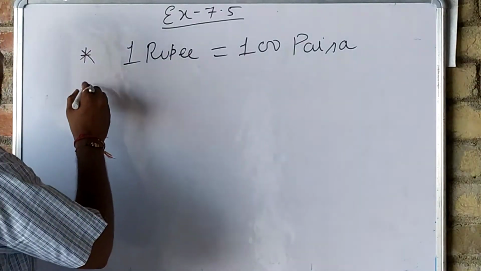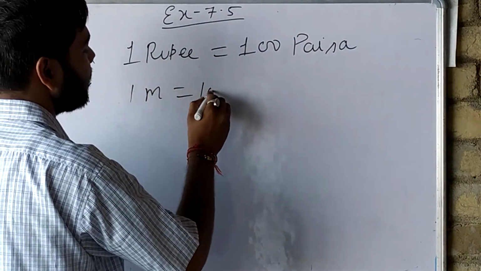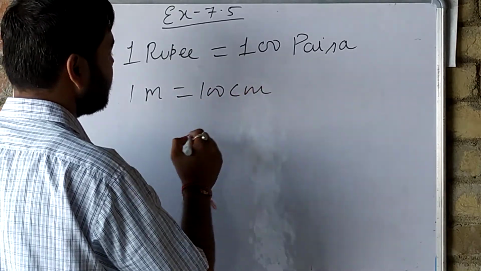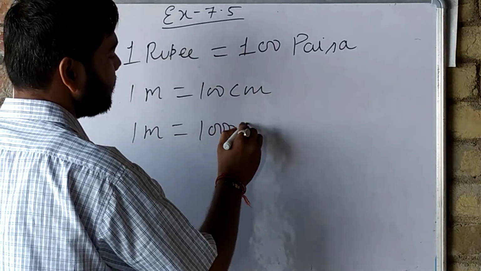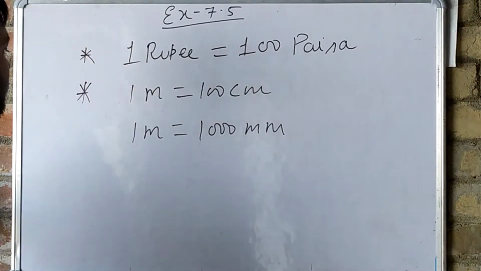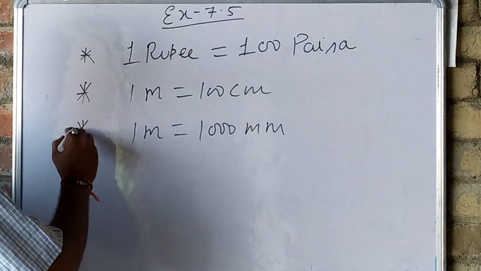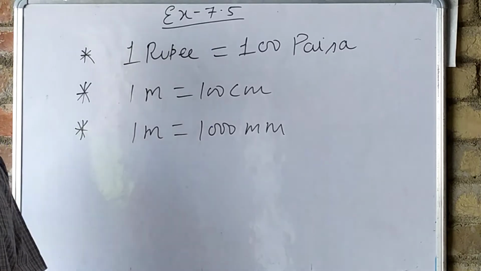Then in 1 meter we will have 100 centimeter. In 1 meter we will have 1000 millimeter. Like this only we will use the identities to convert. All this you know already.